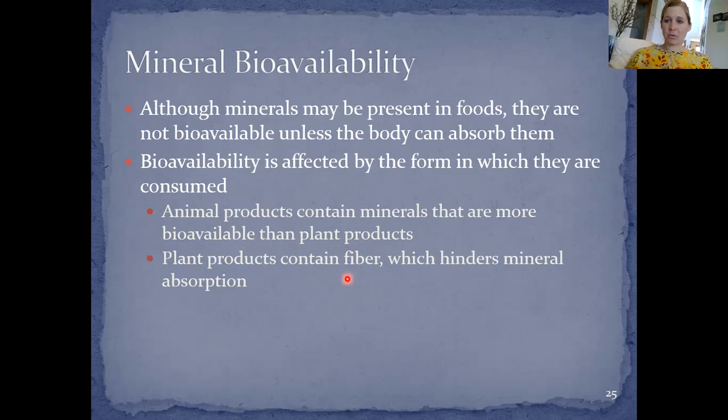Sometimes the minerals get caught in that fiber, think of it that way, and therefore they pass through the system. So that can be problematic. If I am vegetarian, for example, I might need to consume more minerals than somebody who is a meat eater for those reasons, because I'm not absorbing quite as many.